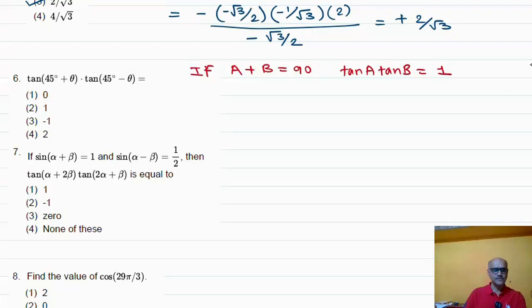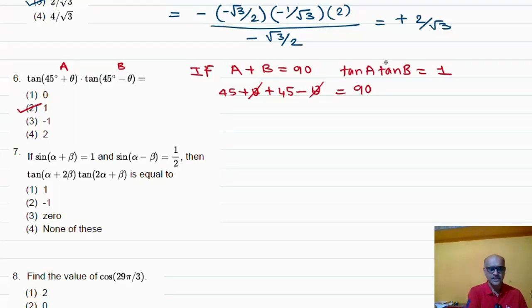Now if you observe in the problem, 45 plus theta is a, 45 minus theta is b. If you add 45 plus theta plus 45 minus theta, theta goes away, 45 plus 45 gives 90. So when it is 90, tan a into tan b will be equal to 1, that is, option 2 is our answer.